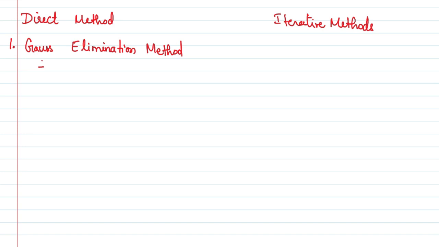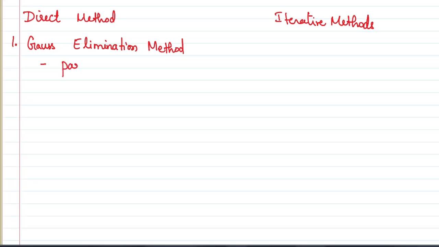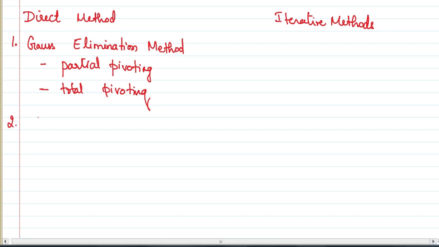To overcome the disadvantages, we have the pivoting technique or pivoting strategy, with partial pivoting and with total pivoting, also called maximum pivoting. So we will be learning basically three methods: basic Gauss elimination, with partial pivoting, and with total pivoting. And we have another method called LU decomposition method, which seems very lengthy, but is a very simple method.